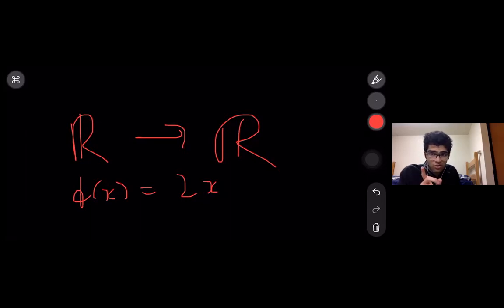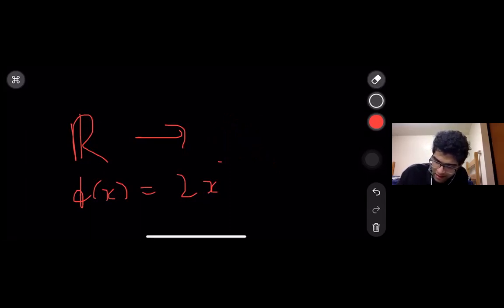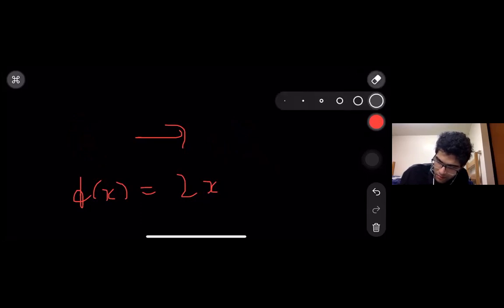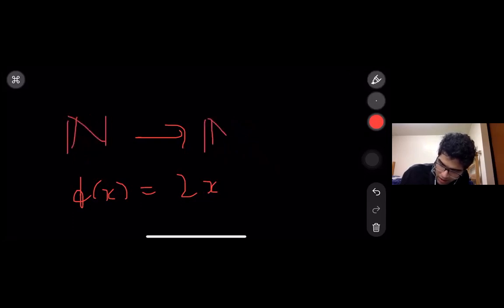Now I will tell you when it will not be onto. I just have to do a simple change. I will define this from natural numbers to natural numbers. This is still a function.